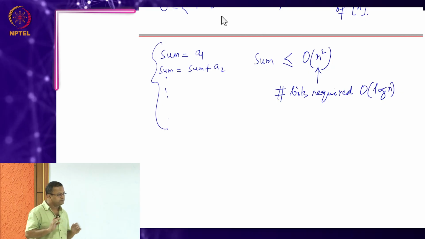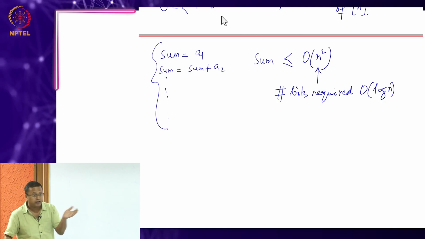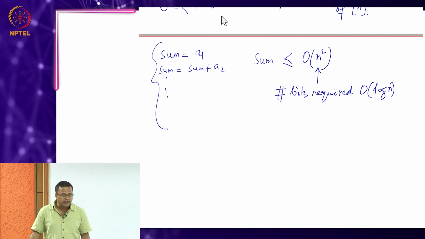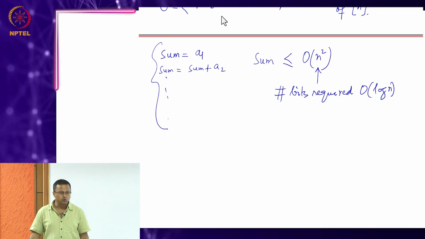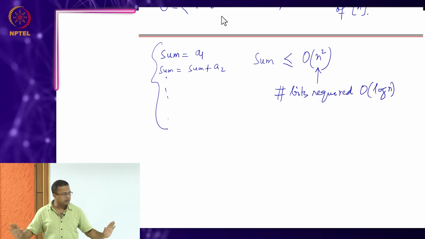You agree to this? So, my extra space is log n and I am happy with that. I store the sum, at the end I subtract it from n into n plus 1 by 2, then I have found the missing element.